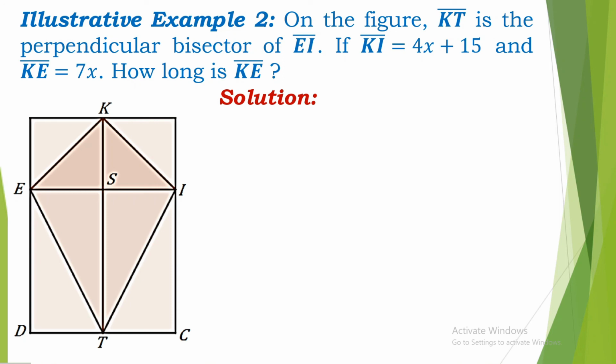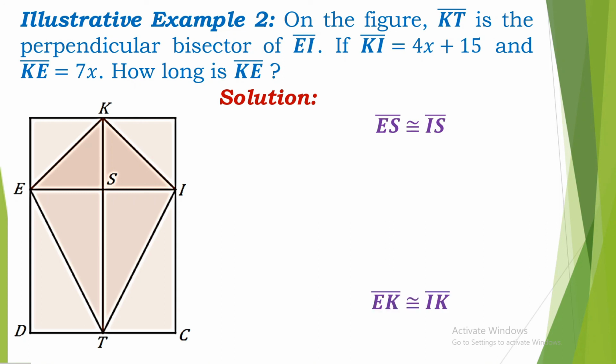Very good. We have segment ES is congruent to segment IS because segment KT divides segment EI into two congruent parts. Now, by the perpendicular bisector theorem, what other pairs of congruent segments can you give? Very good.